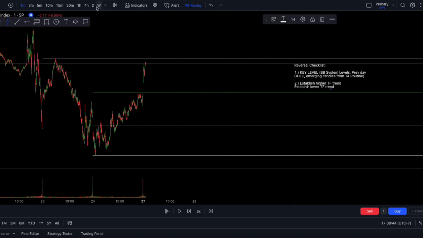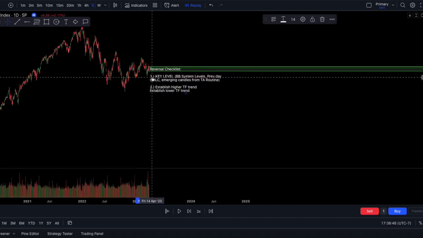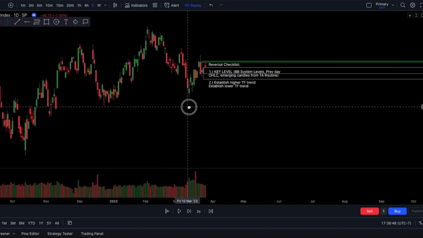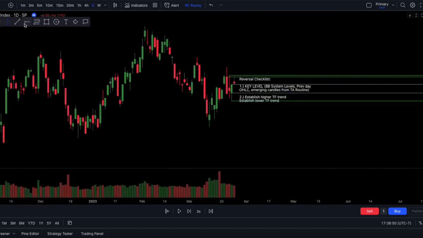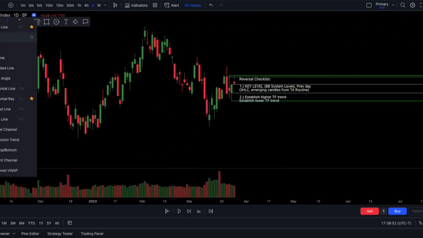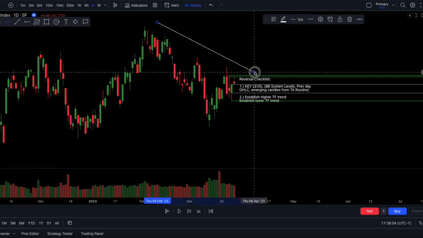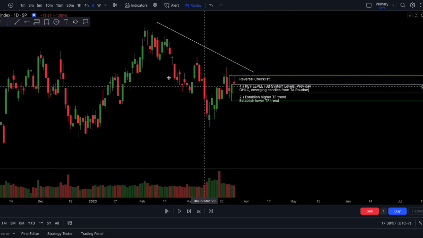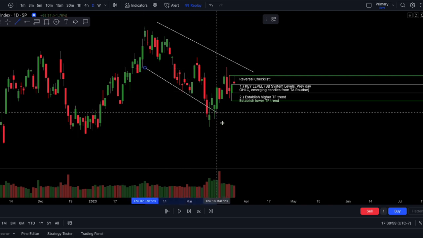Okay, so let's go back to our higher time frame. We're in a bit of a downtrend going into this day, right? We're making lower lows, lower highs.